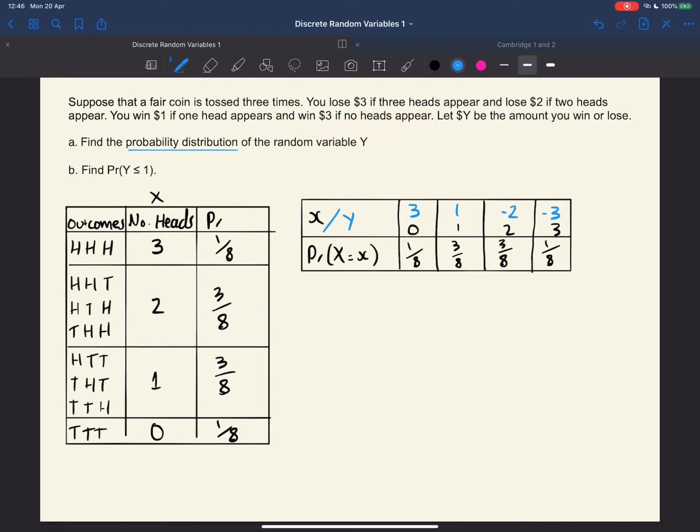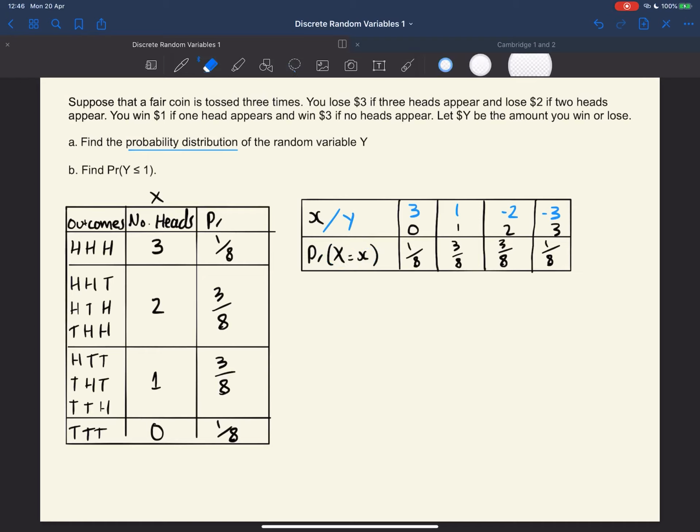Right? So this is a probability distribution now of our original sample space, but it's also now taking into account how much money you would win for each particular option. Okay? So now we can change just this part here.